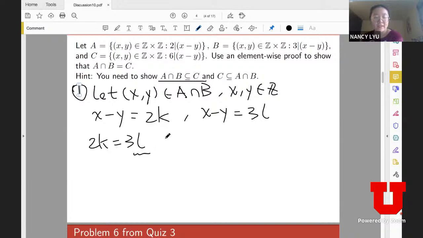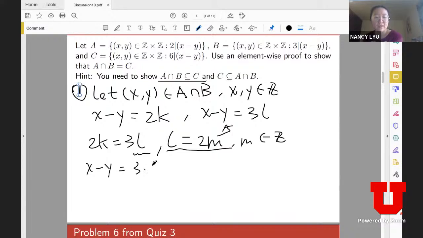So you can see that L must be some even number. You can say that L is equal to 2M, where M is an integer. And then you can substitute this back into X minus Y. So you have X minus Y equal to 3 times 2M, and that's equal to 6M.